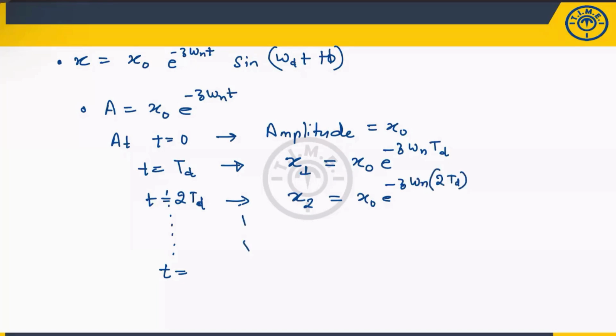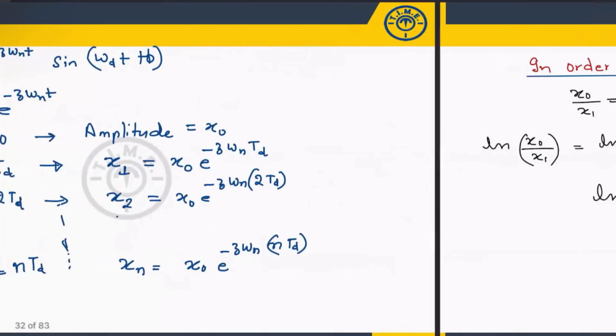Now, if I want to write the amplitude after n cycles, xn can be written as x naught e to the power of minus zeta omega n into n td. I have nothing else done, I'm just changing the value of the time period in the amplitude equation, to get the result for logarithmic decrement.